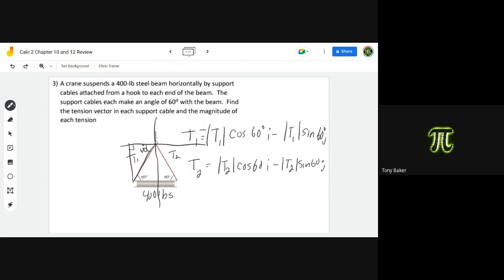All right. So now we can add these two equations together. T1 plus T2 equals negative T1 sine... I need to move my thing. I'm never going to finish writing that whole statement there.